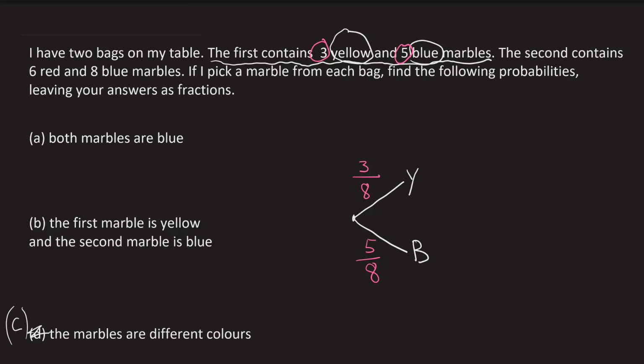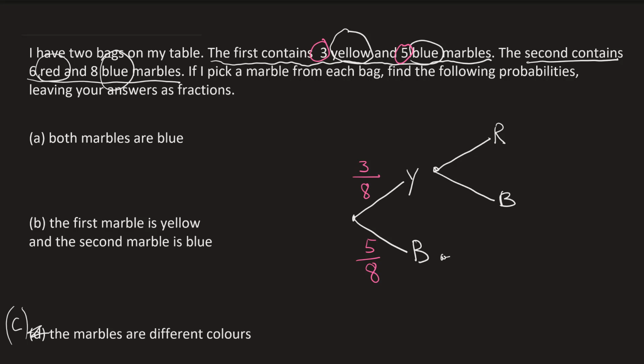Let's look at the second event. The second contains 6 red and 8 blue. So the possible outcomes for the second event are that you pick a red or a blue. Each outcome from the first event gets the outcomes of the second event. So for this one, I'm going to write red and then blue.